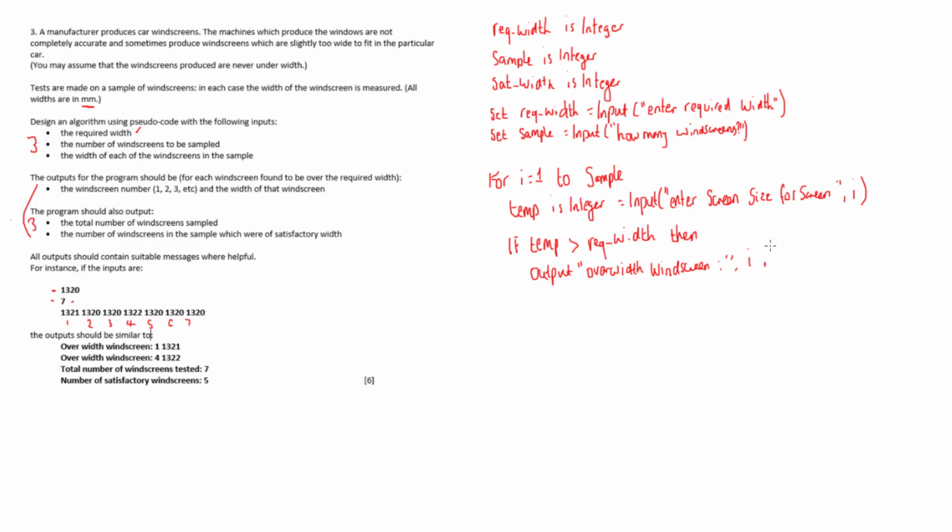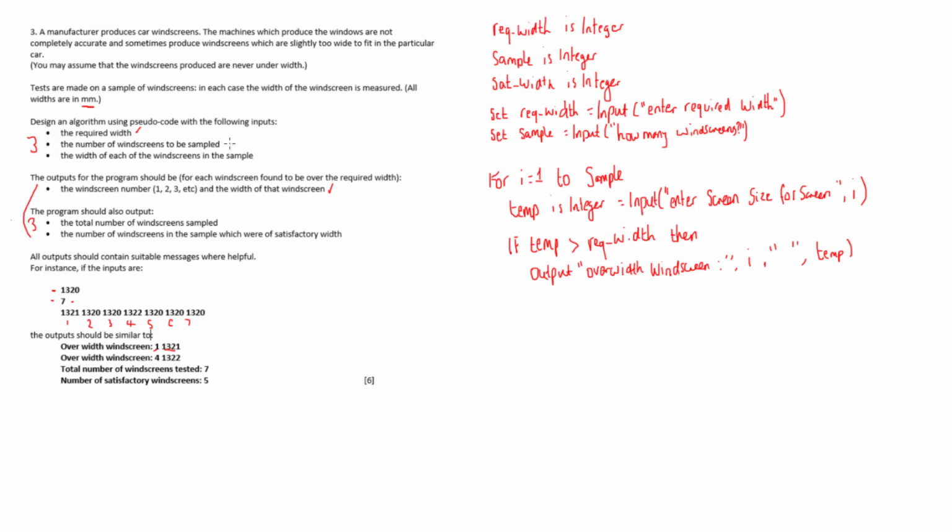So I'll put a comma, space, because I want it to be spaced out a little bit, and temp. Temp is actually my windscreen's value, and I'll close that up. So I'll say over width windscreen, position 1, and then the actual value of that windscreen. So that's that one done.